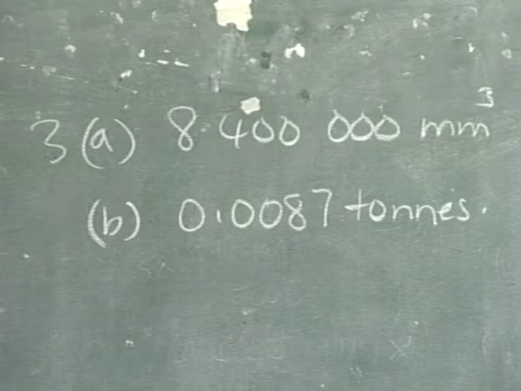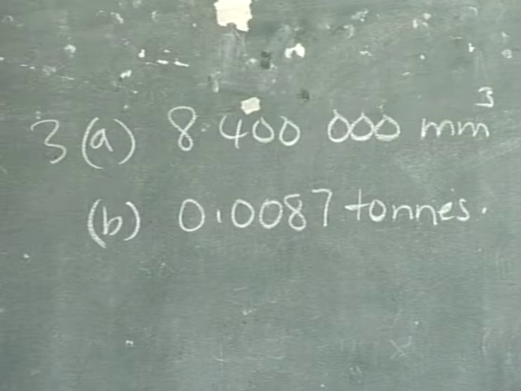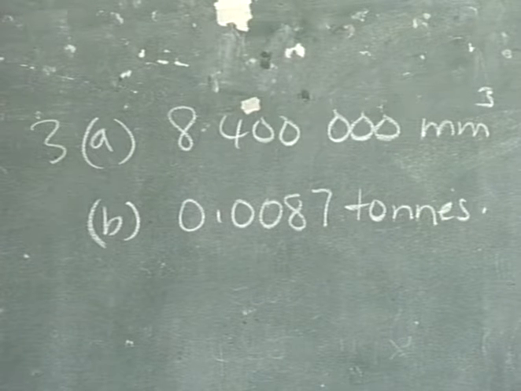Yes, you have to divide by 10 to the power of 9. Okay, there are 1,000 milligrams in 1 gram. There are 1,000 grams in 1 kilogram. And there are 1,000 kilograms in 1 ton. So you have to divide by 10 to the power of 9.